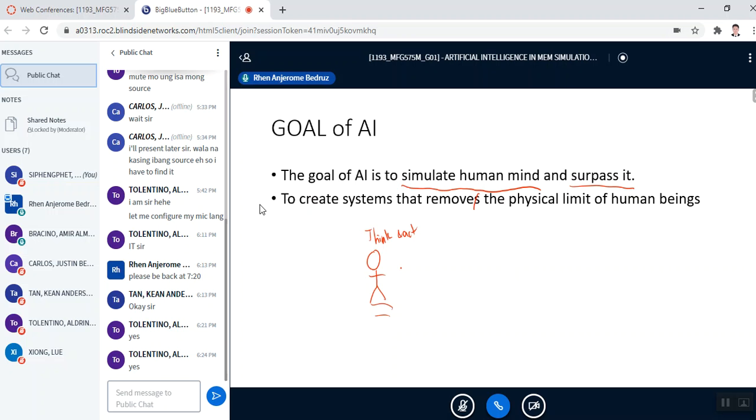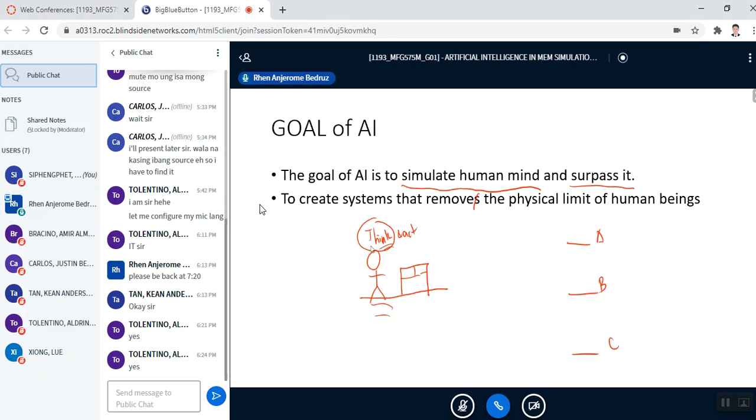He needs to carry a box to another point, for example from point A to point B or point C. Now, when the human being is given a box like this, he needs to think: where will I put this? Do I put this at A, B, or C? That's the thinking component of the human being.